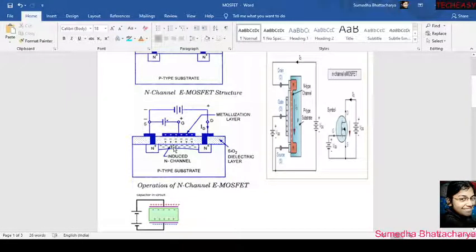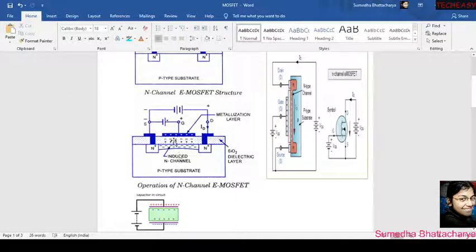That means the value of charges of electrons will be higher in this region more and more, and the holes will be pushed down. That means when VGS increases more and more, the valence electrons will go out more and more, and the holes will be created, and the electrons will come near this region, and the holes will be pushed down. This is the main reason, right?